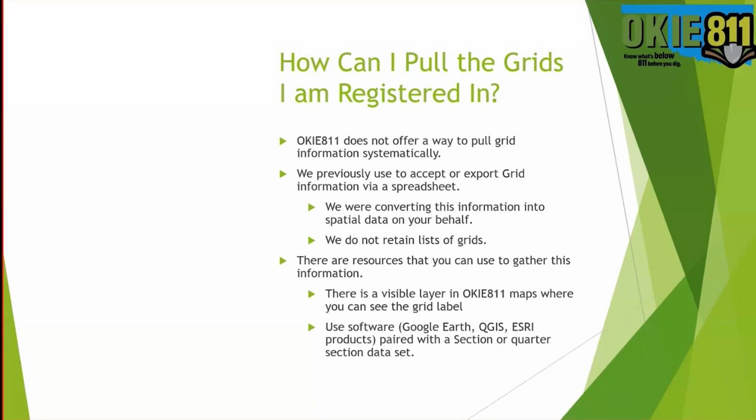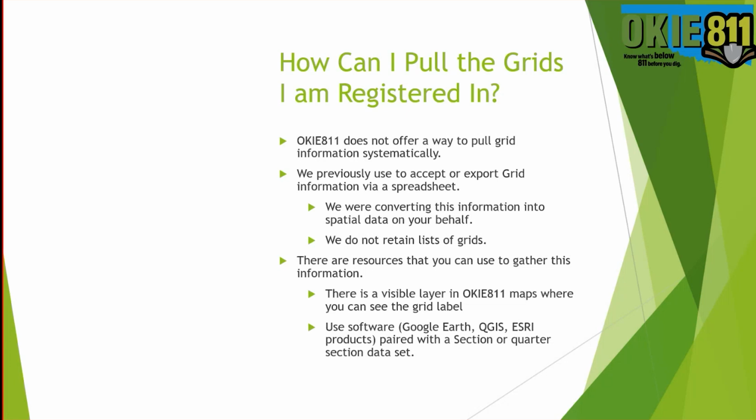But like I said, there are resources that you can use to gather this information if legal description or grids are still involved in your workflow on your side. There still are resources to get that information. So if you're just looking for a specific area, we do have a visible layer in the Oki 811 maps where you can see the grid label.